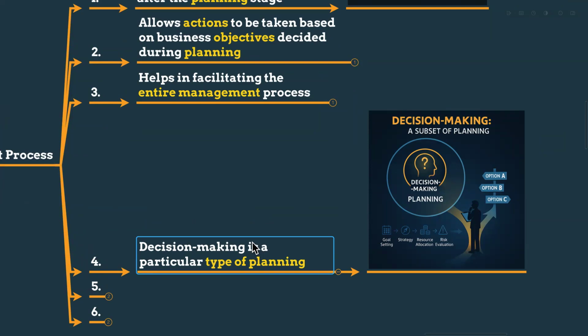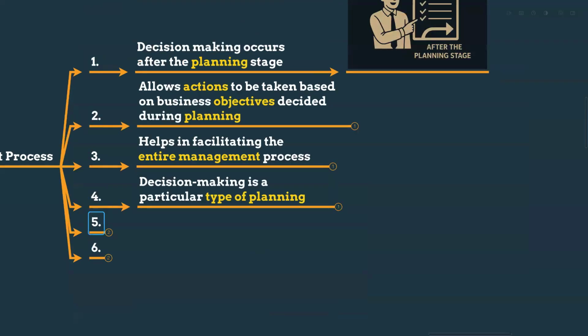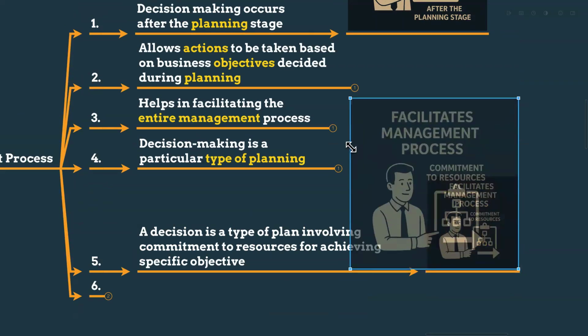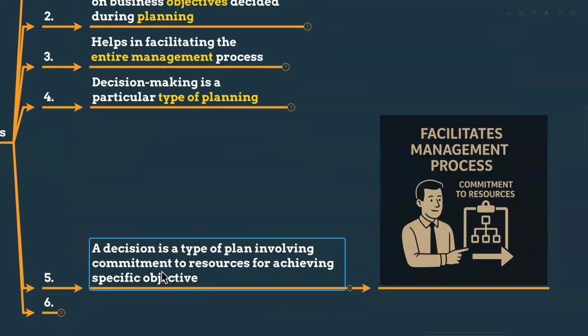Right? So every decision commits resources, time, money, people. Every decision aims to achieve some specific objectives. Every decision requires considering the alternatives. So decision making is a particular type of planning. A decision is a type of plan involving commitment to resources for achieving specific objectives.